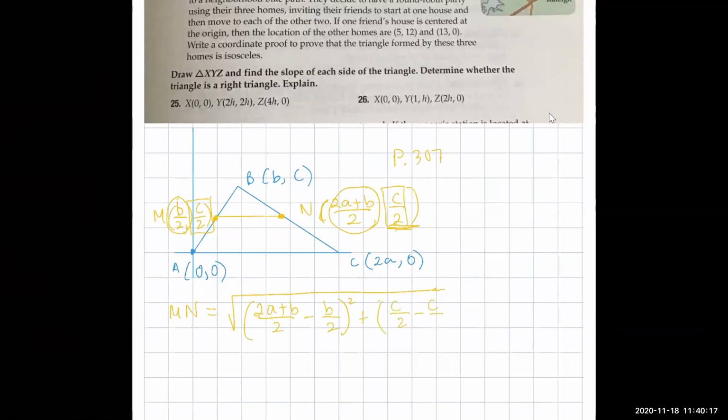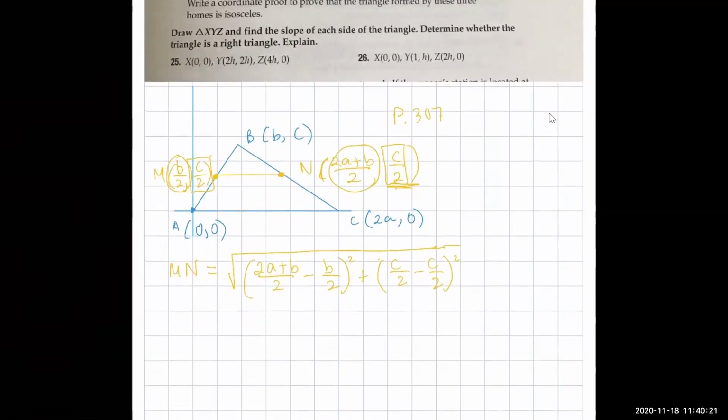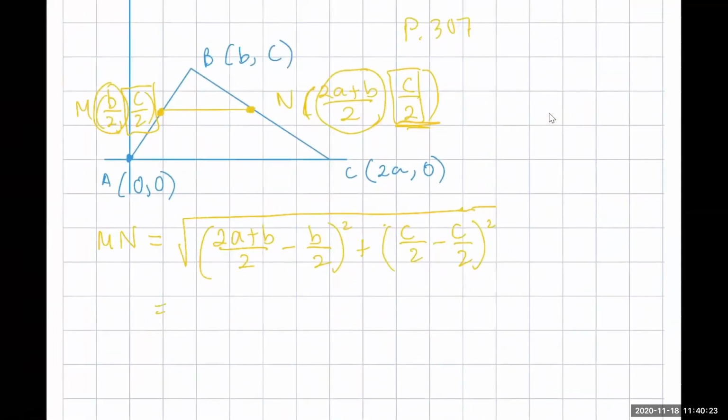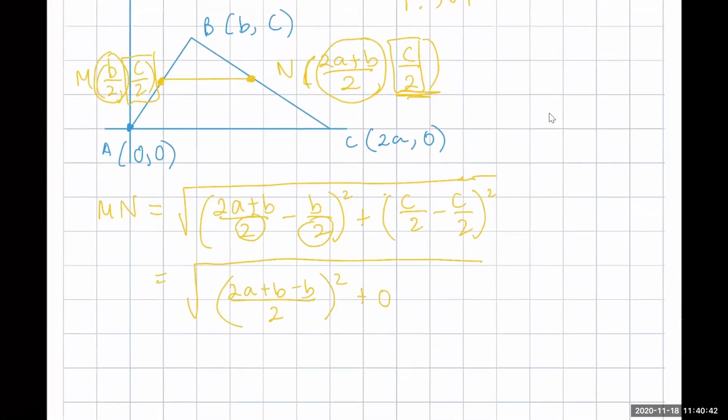So c over 2 minus c over 2, we would expect to be 0. And if we simplify this out, look what happens here. You guys have a common denominator. So really you guys have 2a plus b minus b on top all over 2 squared. And then c over 2 minus c over 2 is 0, and 0 squared is just 0.